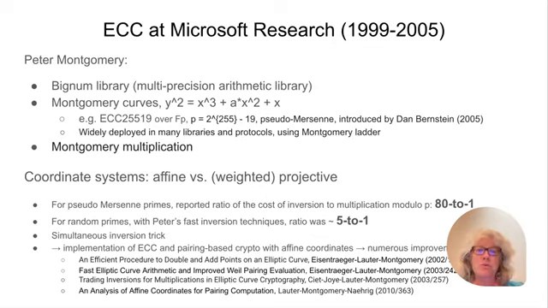So actually, both for our elliptic curve implementation and later for our pairing implementation, pairing-based cryptography, we were able to use affine coordinates and use things like Peter's simultaneous inversion trick. And so we did a lot of work to both implement and optimize the implementations for different architectures.